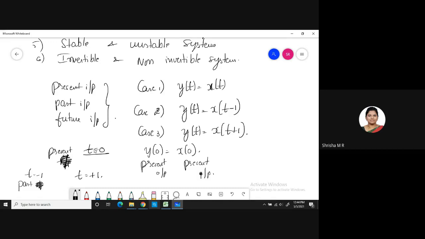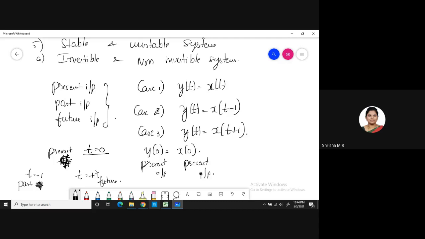If I tell it like that, we are speaking about t equal to 0 as our reference. That means we are at the time instant t equal to 0, and relative to this time instant, t equal to -1 will be past and t equal to +1 will be future.